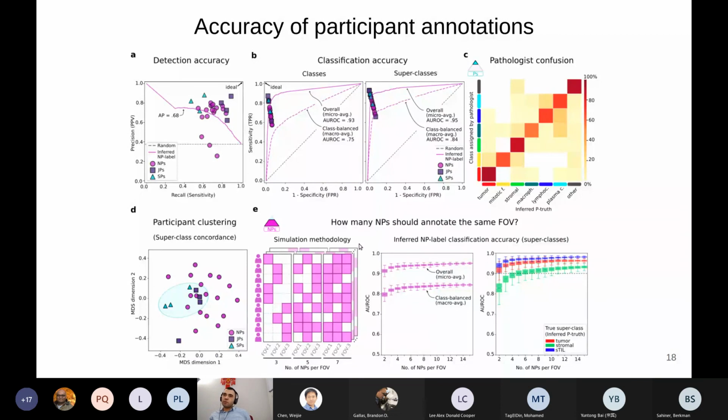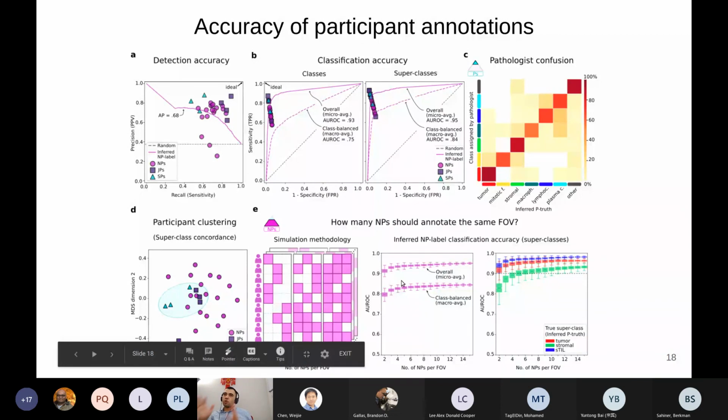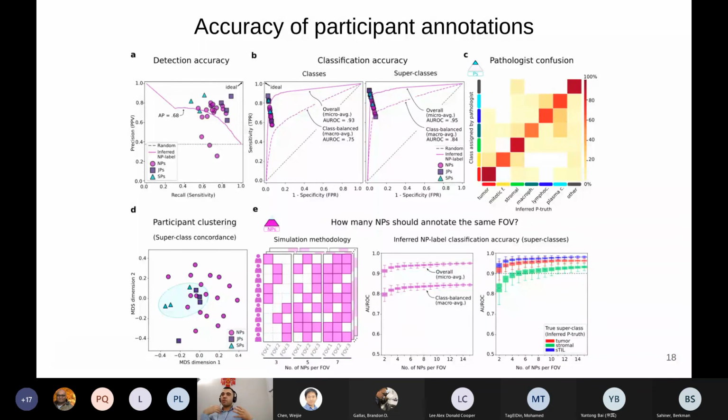So this comes back to the simulation methodology. So we have multiple people. Our actual data, for the sake of this illustration, let's say we have 3 FOVs and 10 people. Our actual data has 7 people per FOV, or 10 people, all 10 people annotated all the FOVs.